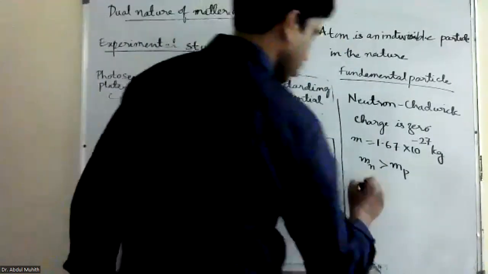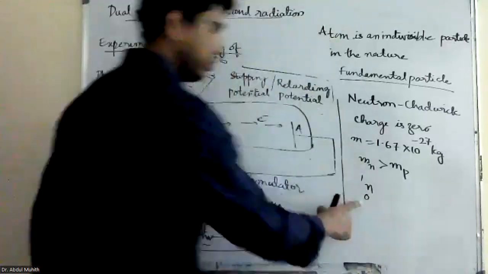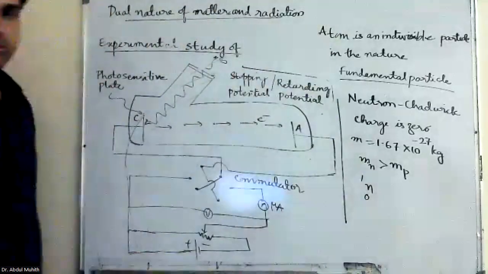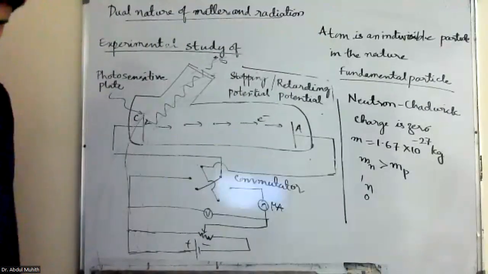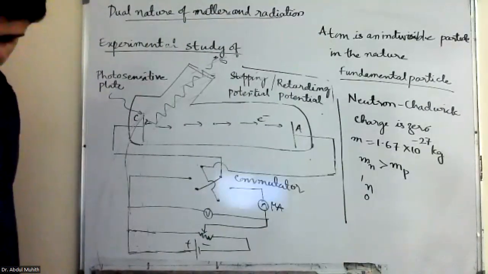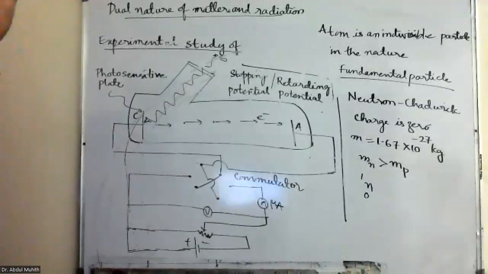So for the neutron we write n with 0 and 1: 0 is the charge and 1 is the mass.